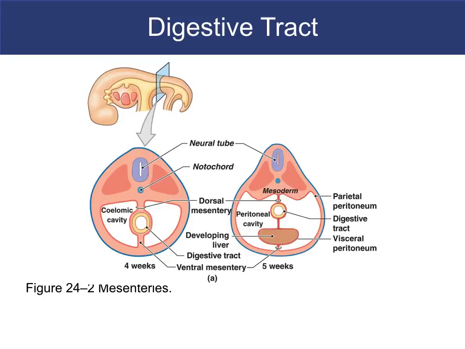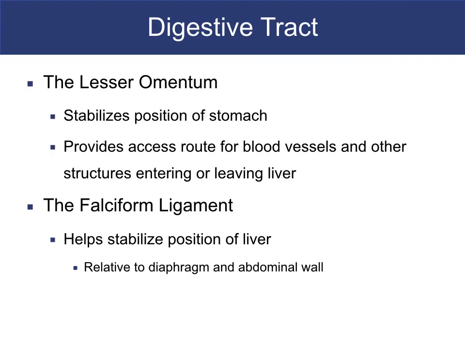So this is what it looked like. Here's where you had the dorsal mesentery and the ventral mesentery. It pretty much went away, and by 5 weeks here, you've got the liver, and I'll just leave it at that. The lesser omentum, you should be able to identify in lab. It stabilizes the position of the stomach.